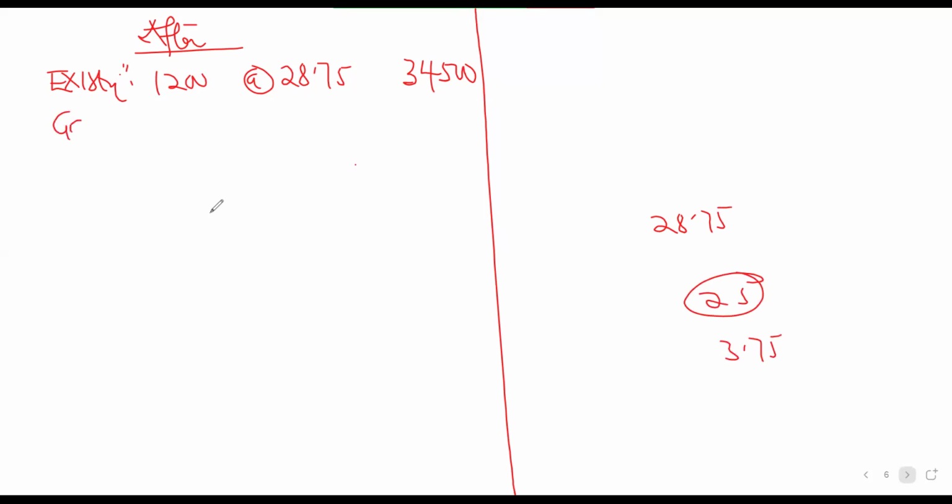So let's now look for his gain. The gain for him will be 3.75 multiplied by the 400 that he's selling. So we have 400 at 3.75.